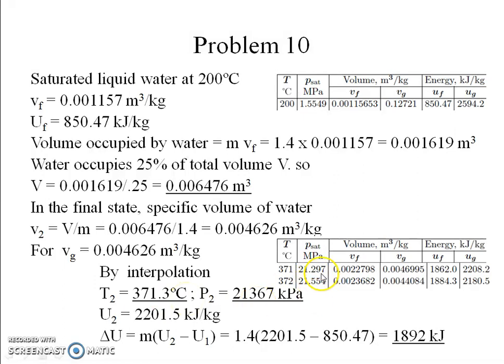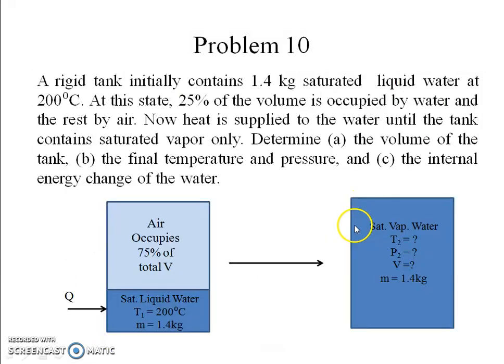Similarly, the pressure will be the saturation pressure at this temperature. Once we have the temperature, we linearly interpolate between the two pressure values, and the final pressure comes out to be 21.3 megapascals. So part B is done: the final temperature and pressure have been calculated.